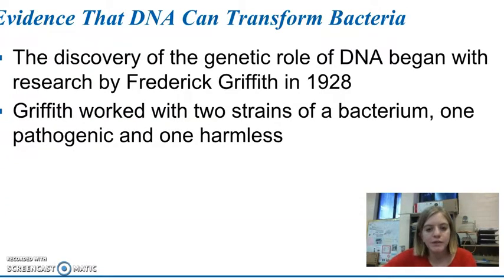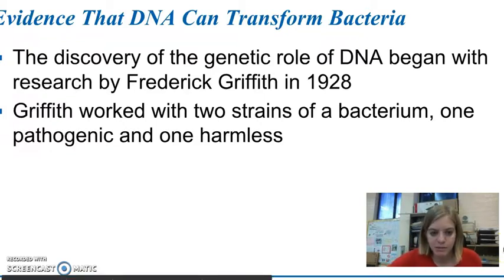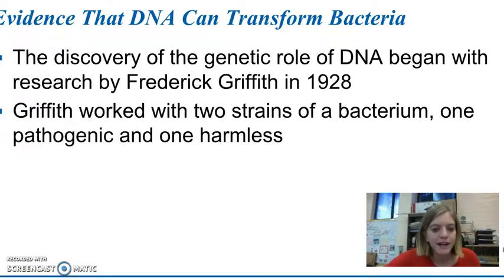So the first really transformational discovery that we saw about DNA was done by a research experiment by Frederick Griffith in 1928. Basically what he did was he took two strains of pneumonia bacteria, one pathogenic and one harmless. Pathogenic means it carried the disease and the other one did not.